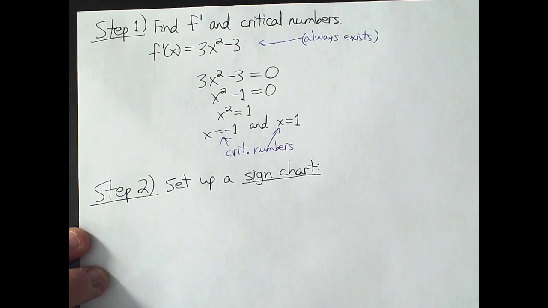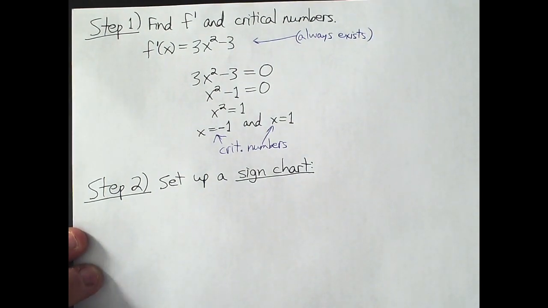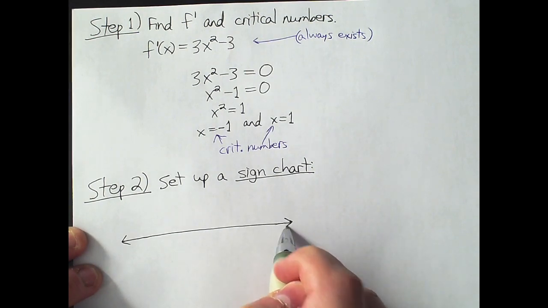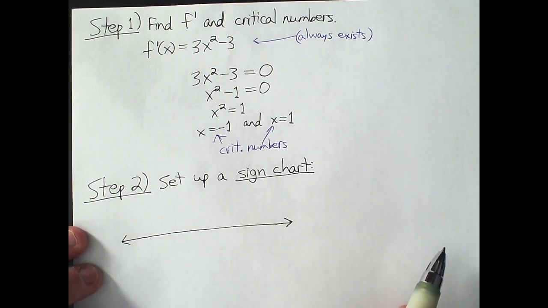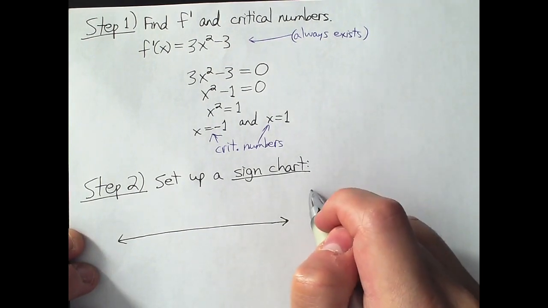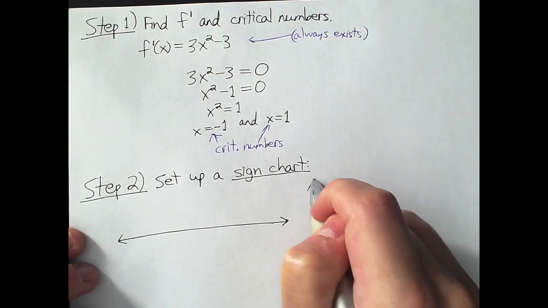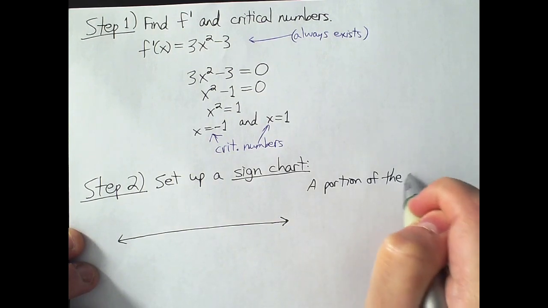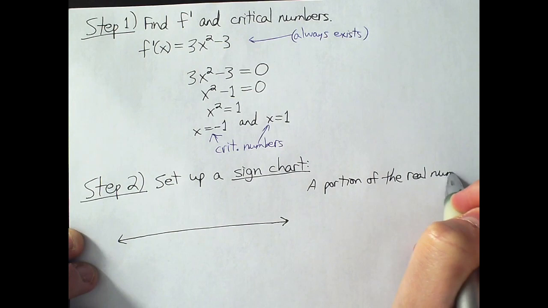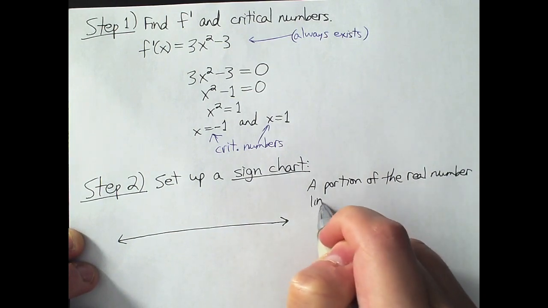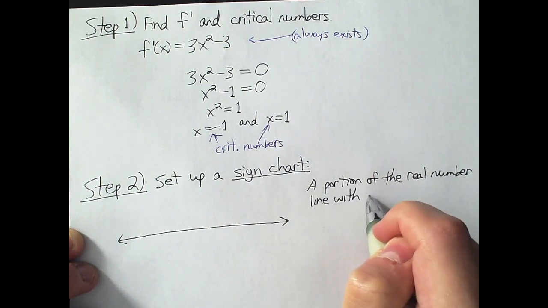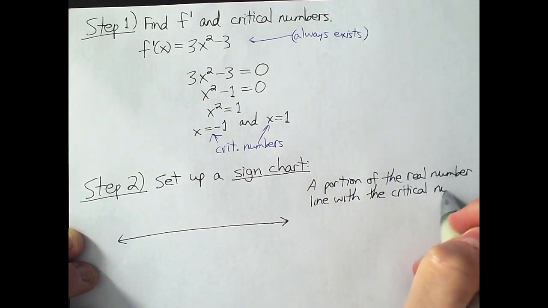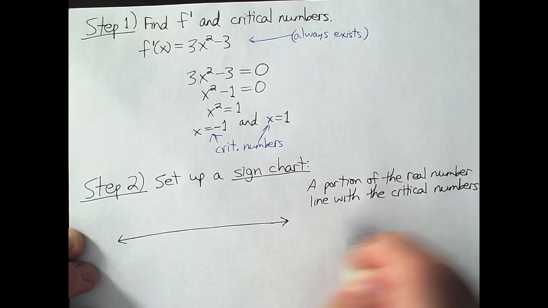So I think what I'll do is I'll draw it and then I'll explain what it is, but it's going to be a portion of the real number line with the critical numbers labeled.